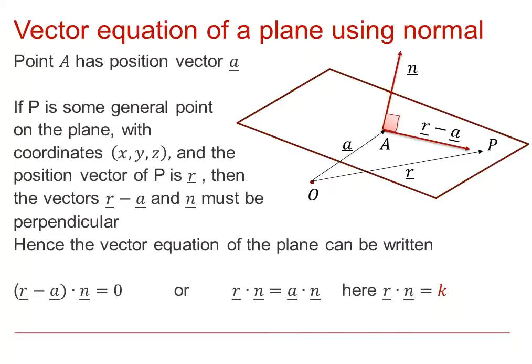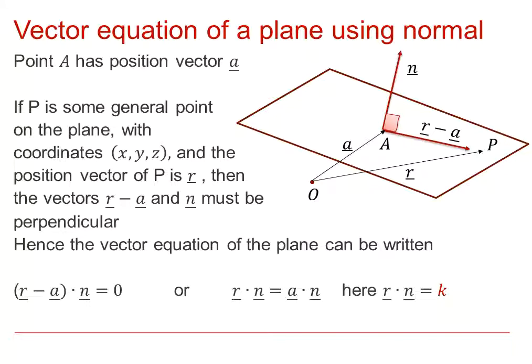So the vector equation of a plane using this normal vector. The point A has a position vector little a, and we know the position of point A. That will be given. If P is some general point which is moving around the plane with coordinates x, y, z, then the position vector of P is usually denoted by little r.